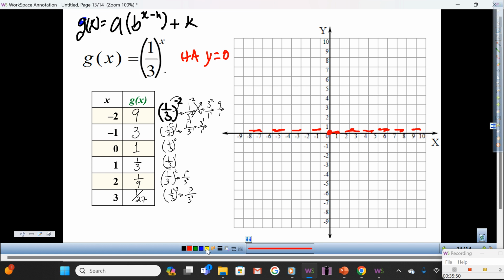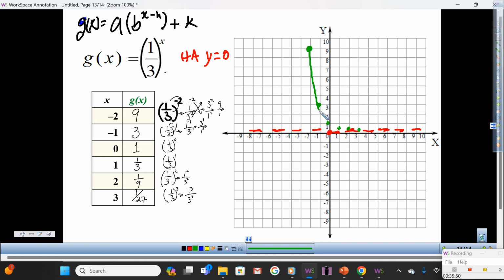All right, next, plot our points. -2, 9; -1, 3; 0, 1; 1, 1/3; 2, 1/9; and 3, 1/27. They get smaller as we go.